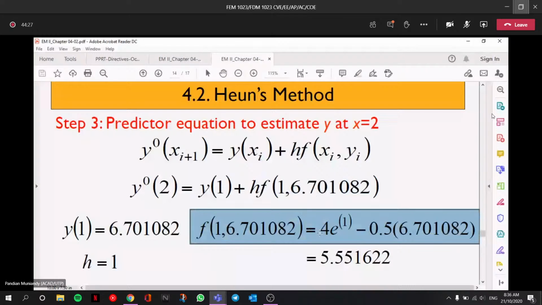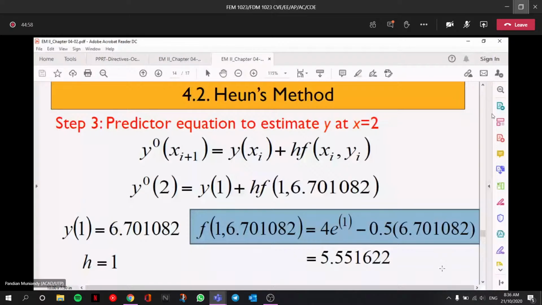Again, the equation. This one you have to use the calculator now. That is f of 1, x1, y, 6.701082. So this will give you 4 multiplied by e power 1 minus 0.5 multiplied by 6.701082. Use 4 decimal points.